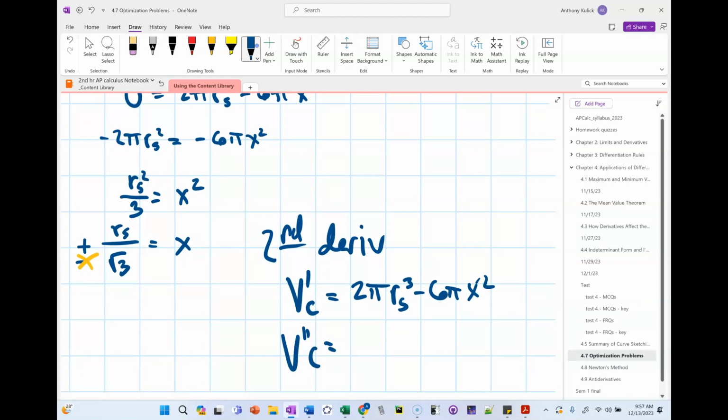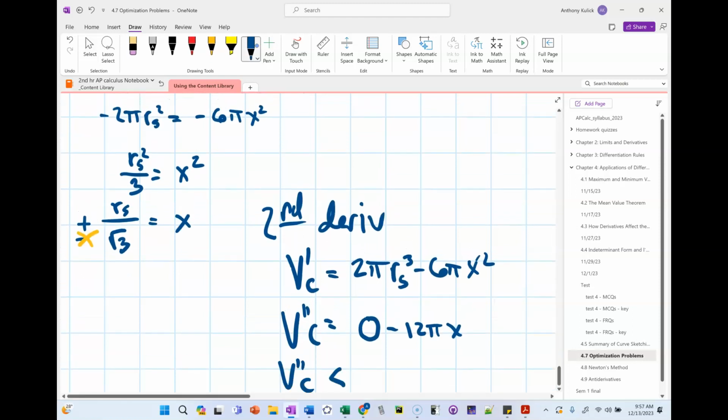We're differentiating with respect to what variable? We're differentiating x's. So that becomes 0 minus 12 pi x. And we know x is always positive.